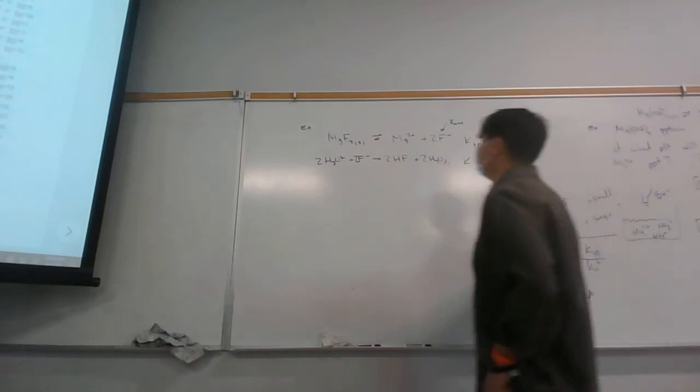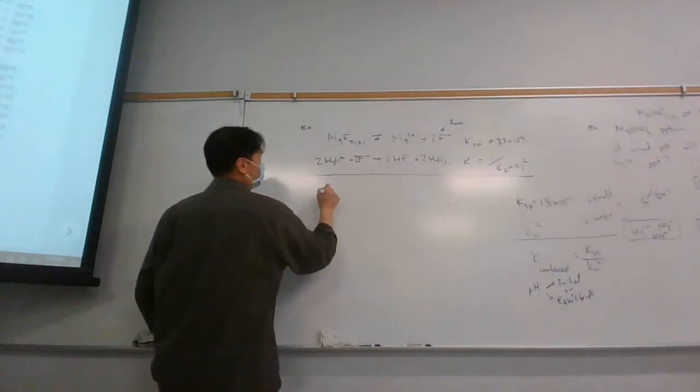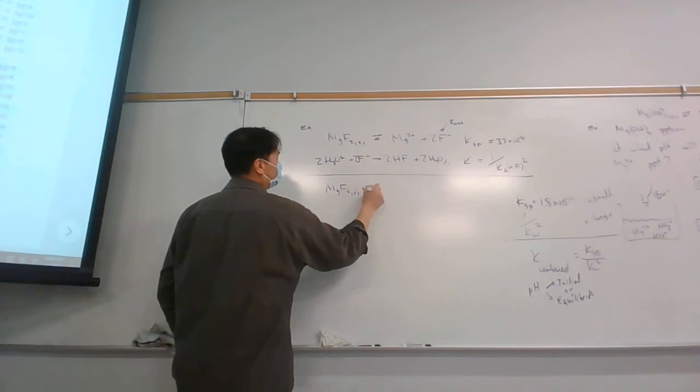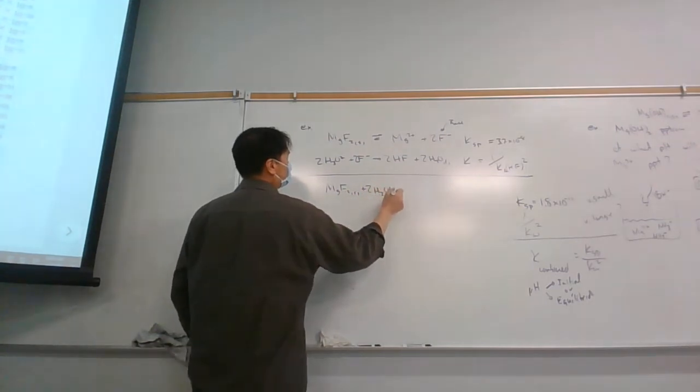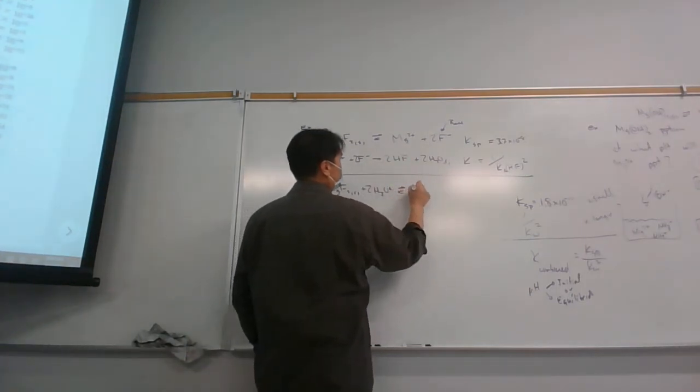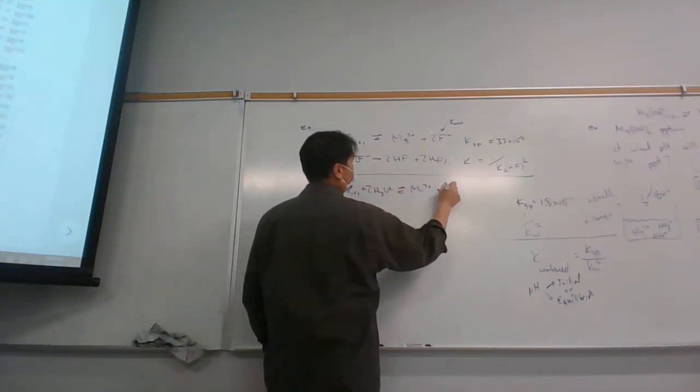And so now we can do the combined equation. The combined equation is going to be MgF2 solid plus 2 hydroniums, the fluorides cancel, yields magnesium 2+ plus HF.